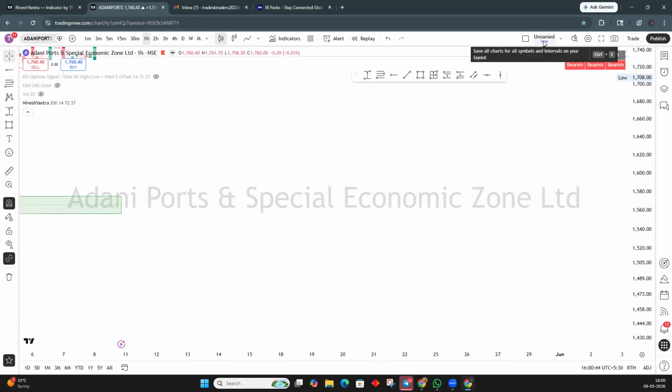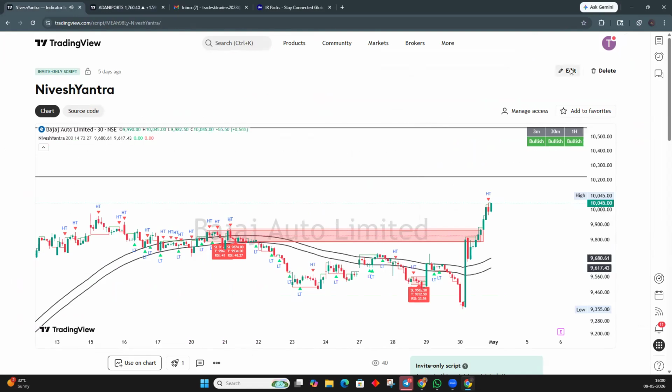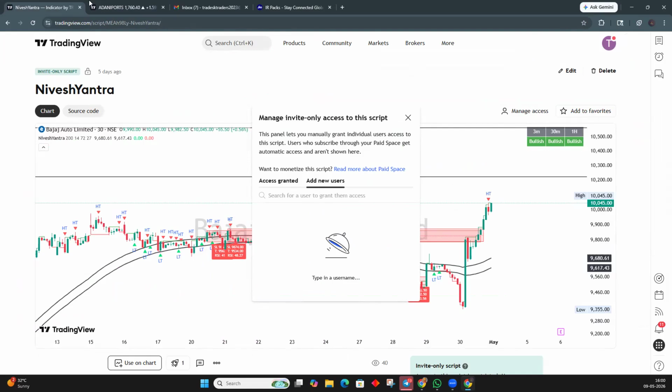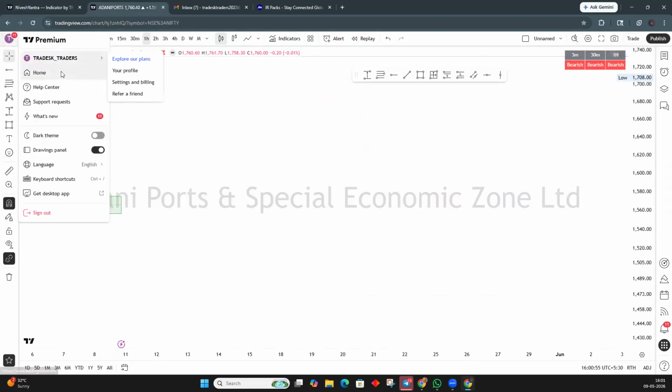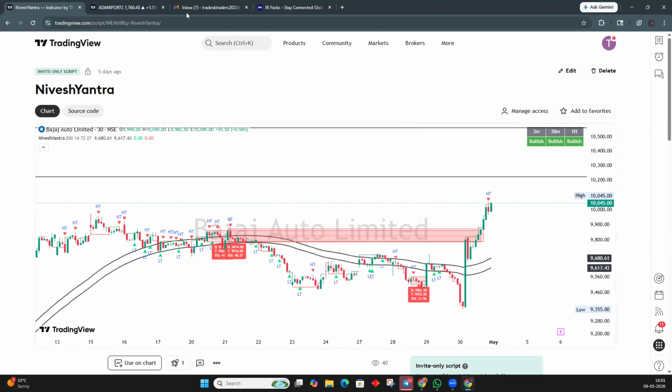This indicator is like a personalized indicator, and to give you access, you can send me your TradingView user id, and I will add new users. After adding the new users, it will show in the add access section, and I will give it to you.